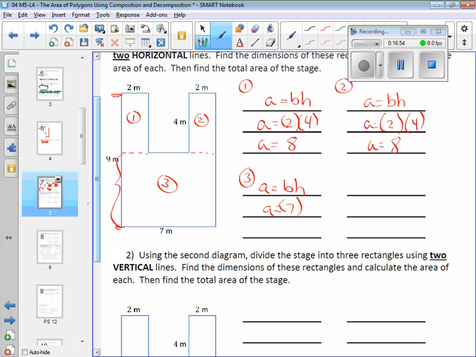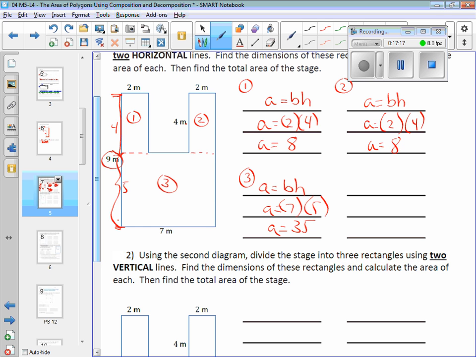That's it. 5, right? Because from here is 5. From here to here is 4. The parts have to add up to the whole. 7 times 5 is 35. Now what?